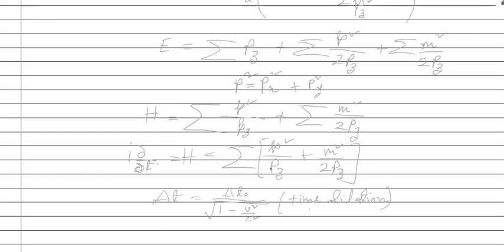So this is 1 over pz, and this is, incidentally, for the ith particle, and we add them all up.